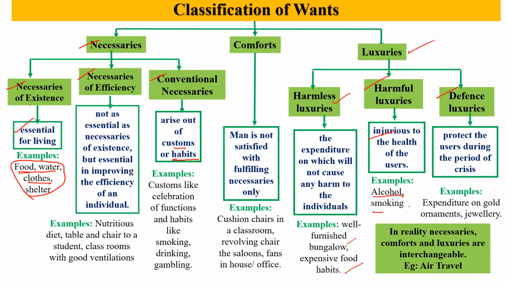Example, alcohol, smoking. And defense luxuries are those which protect the user during a period of crisis. For example, expenditure on gold, ornaments, jewelry. This expenditure is done for security or investment purposes. So these are the defense luxuries.